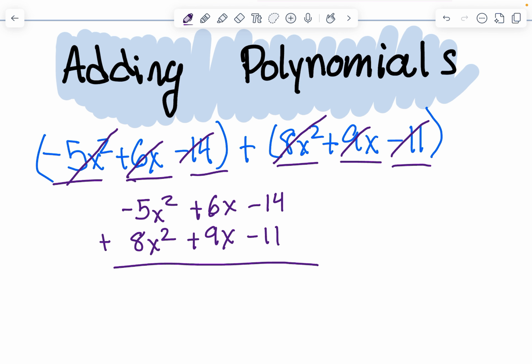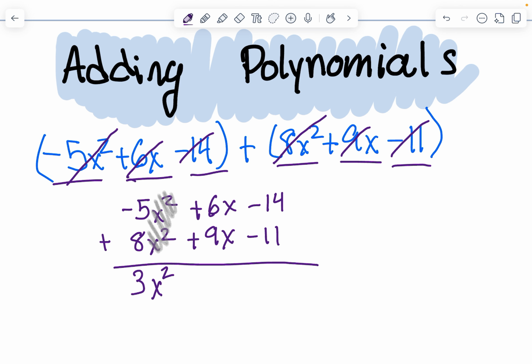From there, we're just going to go ahead and add like terms. So the negative 5x squared plus 8x squared, really what I can think about is that x squared is going to continue to be there, it's just those numbers in front. So negative 5 plus 8 is going to get me 3x squared.